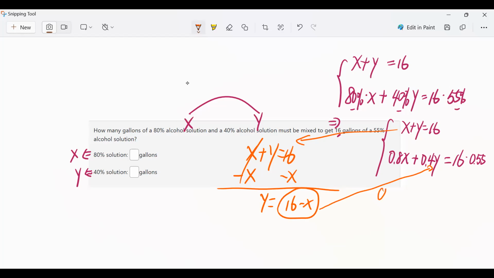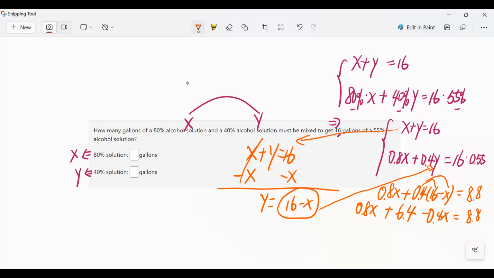We get 0.8x plus 0.4 times 16 minus x. On the right hand side, 8.8. And then we distribute it, 0.8x plus 6.4 minus 0.4x equal to 8.8.